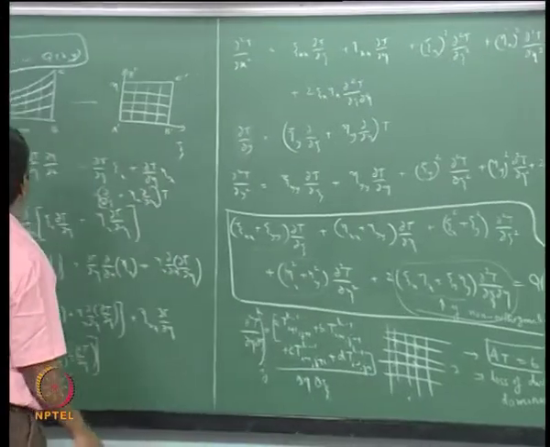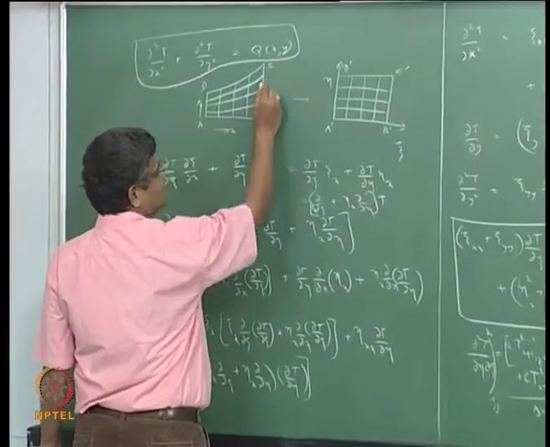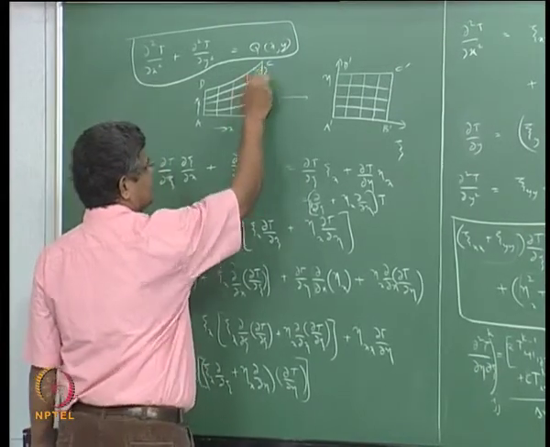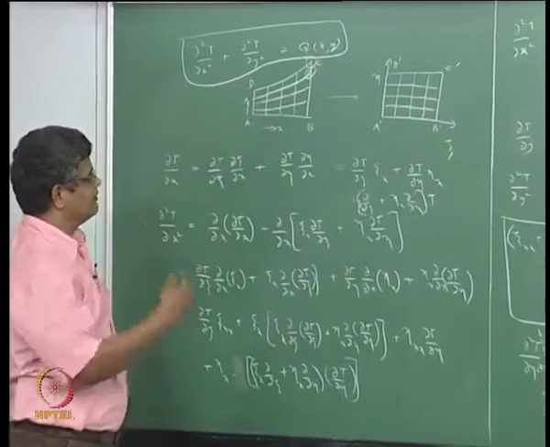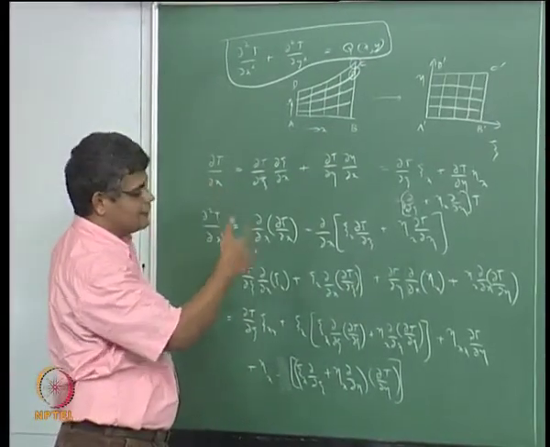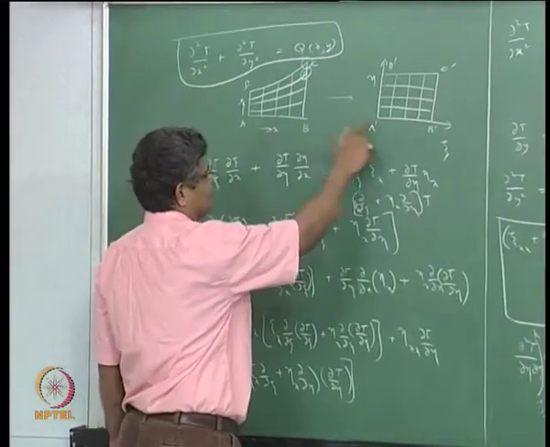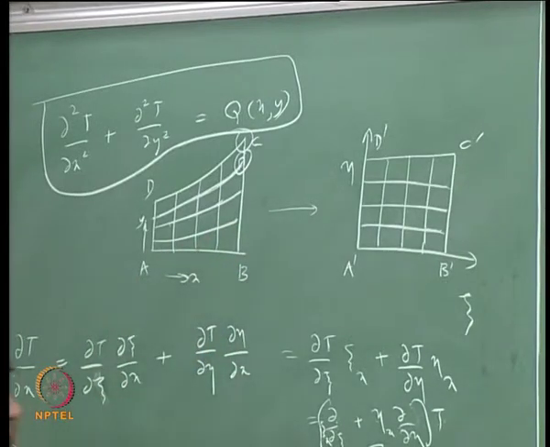But in the general case, we cannot expect orthogonality. For example, this is coming like this and this is here. So this is clearly not 90 degrees at this point, and this point here is not 90 degrees. So that means that for a general case of transformation, when you go from here back to here, the resulting grids are not necessarily orthogonal.